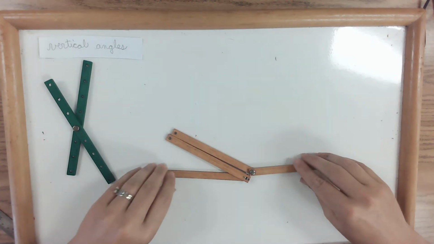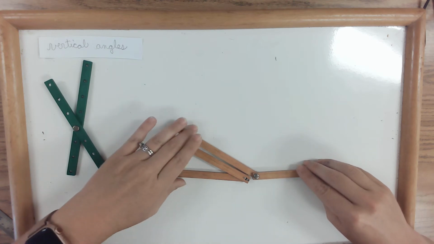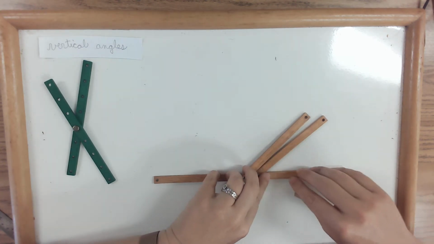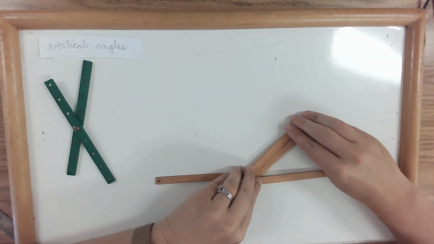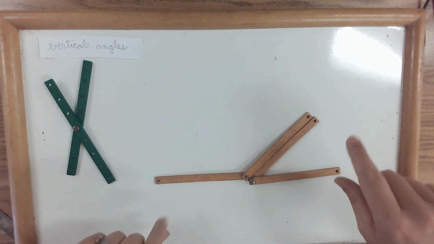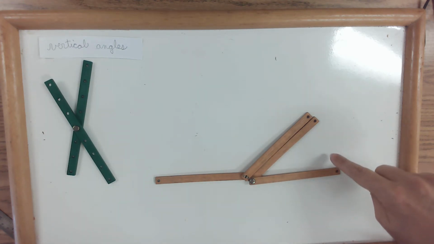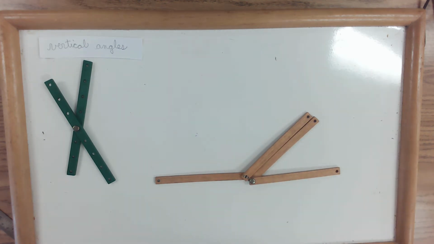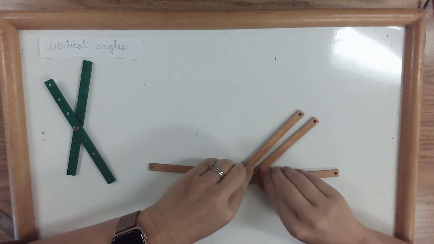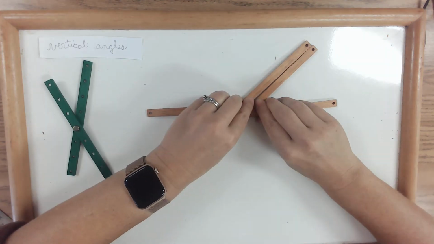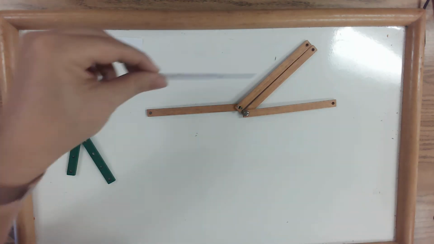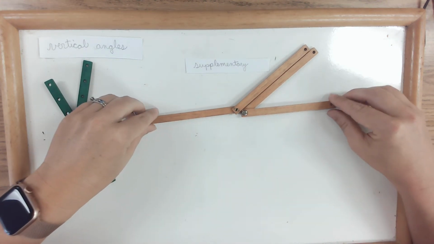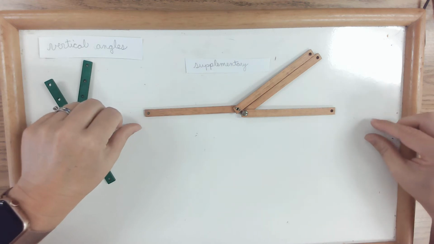This is also a straight angle. This would be a straight angle. It doesn't matter which way they're facing. It could be upside down, as long as the degrees here plus the degrees in the second angle together add up to 180 degrees. These are called supplementary angles. Supplementary angles are when two angles add up to 180 degrees, or a straight angle.